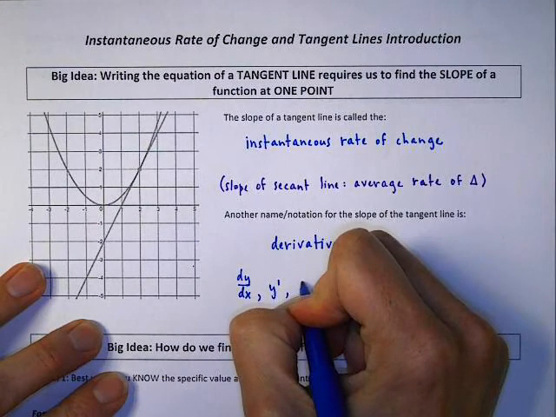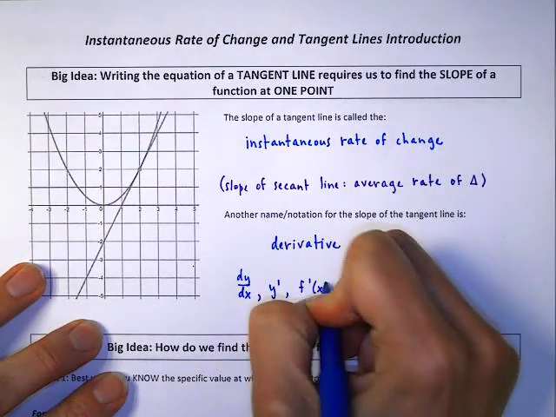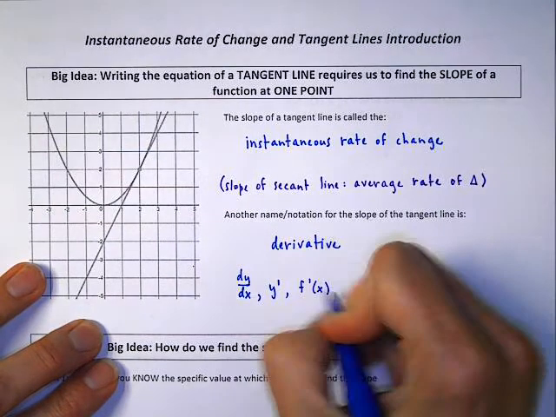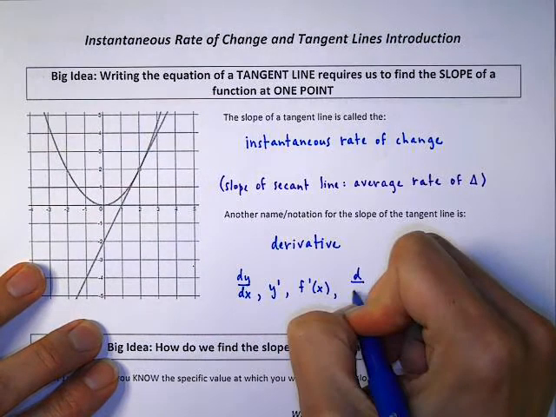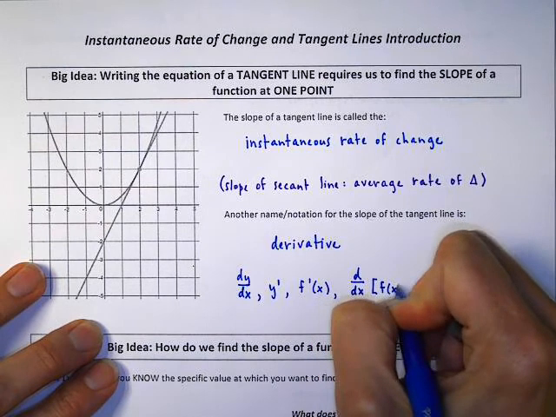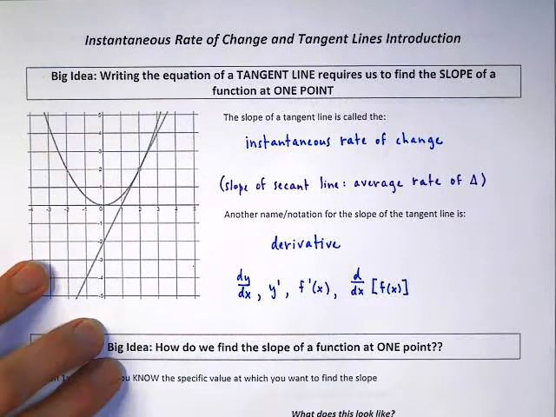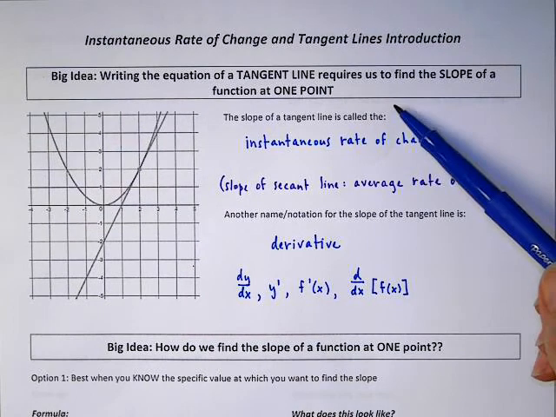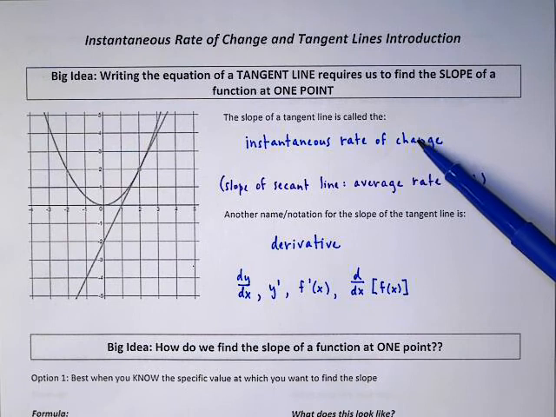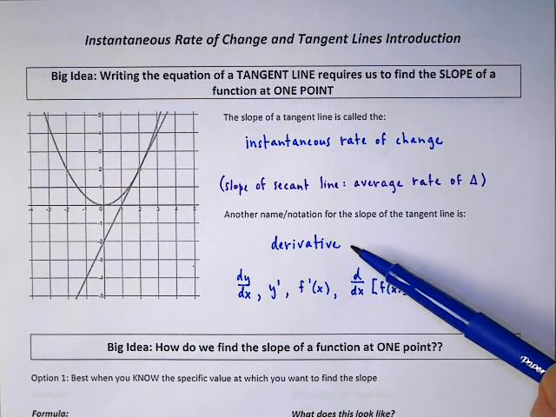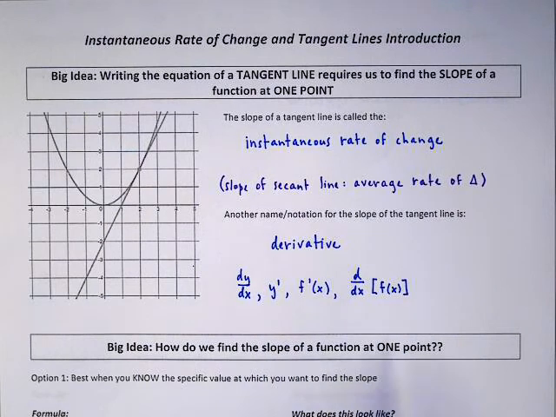You might see f prime of x, which would be the derivative of the function f of x. And then you might see something like this, the derivative with respect to x of the function f of x. And so right now what we need to know is the slope of the tangent line, the instantaneous rate of change, and the derivative are all different names for the same thing. And this is notation that's going to tell us we're looking for a derivative.